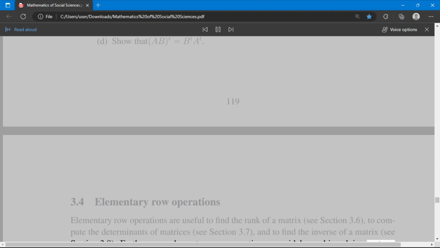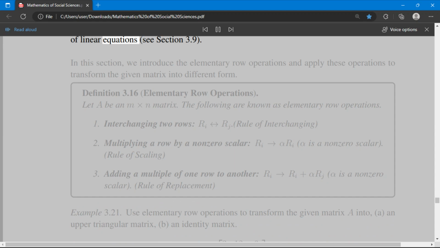Furthermore, elementary row operations are widely used in solving systems of linear equations, see section 3.9. In this section, we introduce the elementary row operations and apply these operations to transform the given matrix into different form.